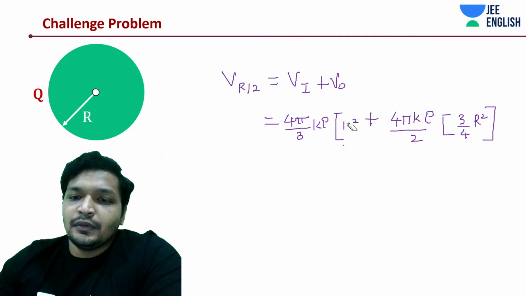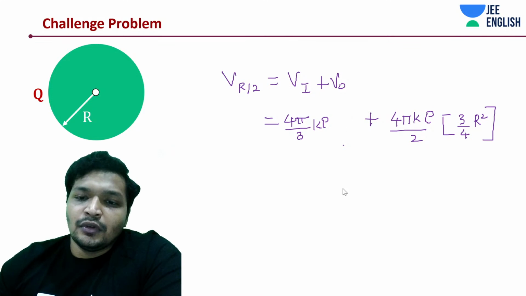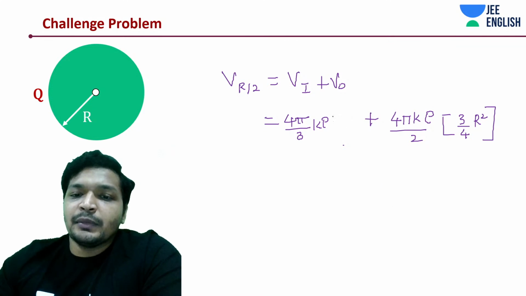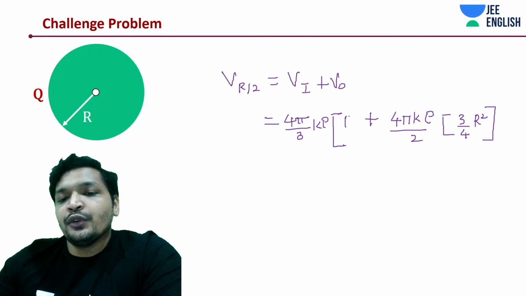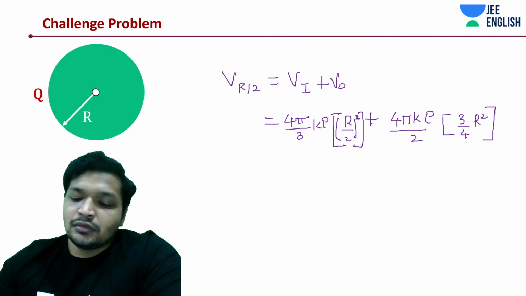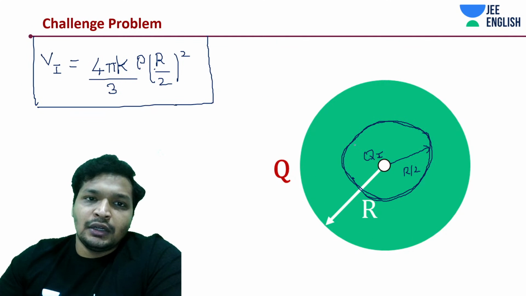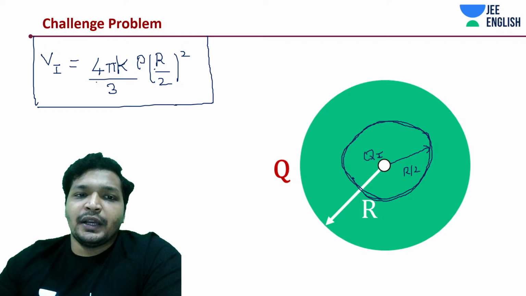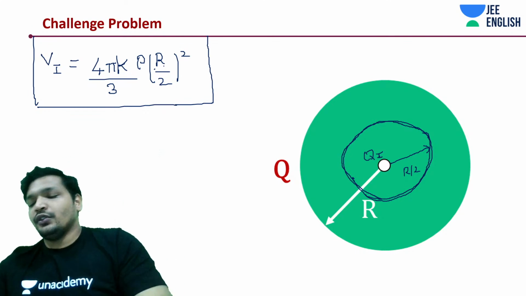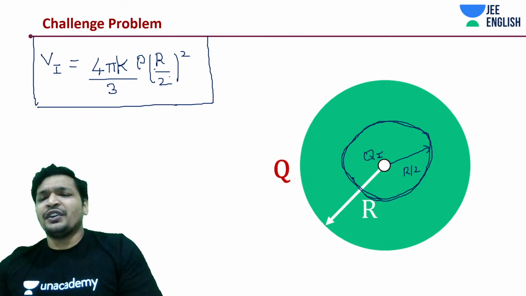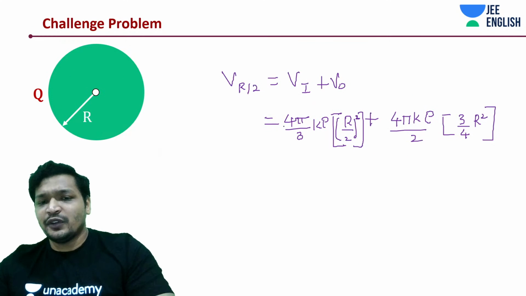Okay. 4 by 3 r by 2, we can verify it, positive. Okay, here 4 pi by 3 into k into rho into r by 2. We're just going to add it up. It's the same value, I'm just carrying it forward.